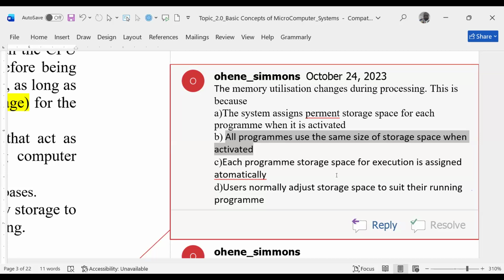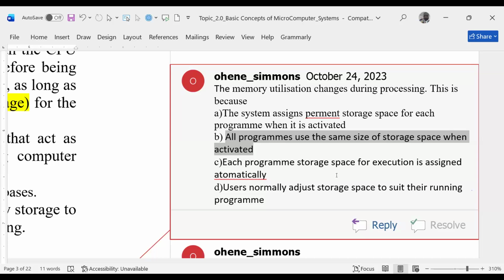Each program storage space for execution is assigned automatically. We have highlighted it there.